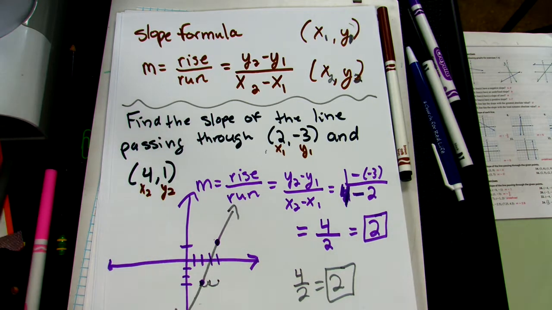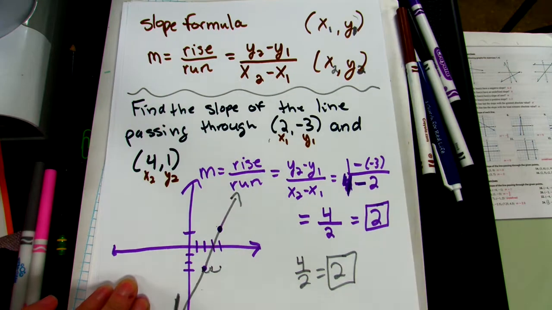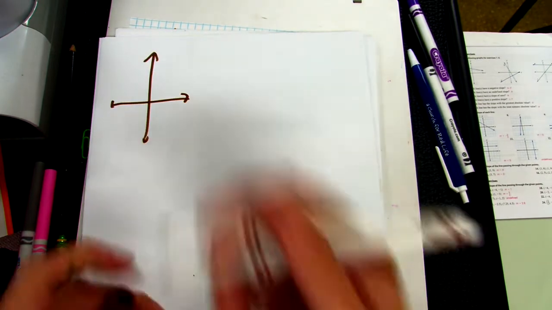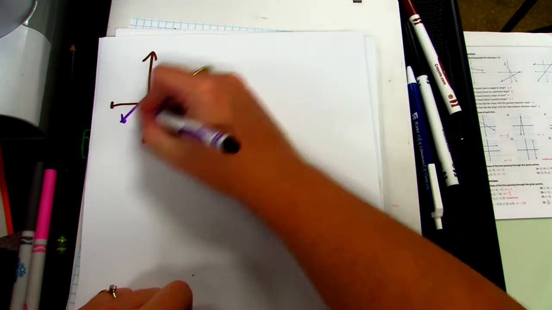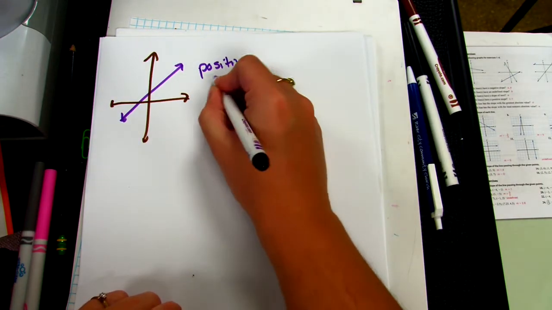All right. Well, now I want to talk about just general slopes. If you have a line and it is going upwards, this is going to be a positive slope.